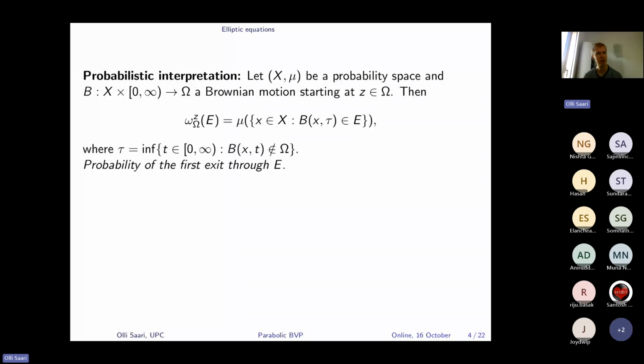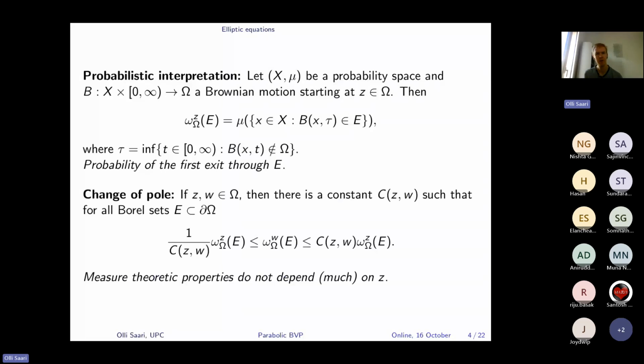And then one basic property which is important for the rest of the talk is the change of pole property. So if we take 2 points Z and W inside omega, and we define the respective harmonic measures, then whichever set we take, the harmonic measures with poles at Z and W are of comparable size, and the comparability is with respect to a constant that only depends on the pair of points and nothing else.